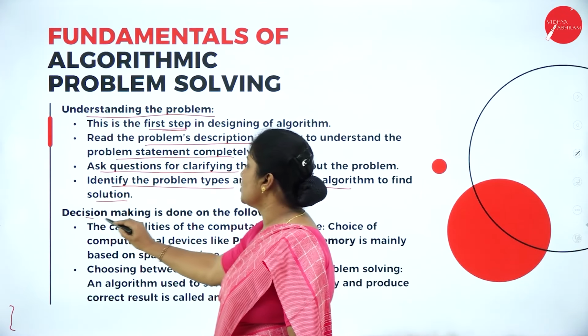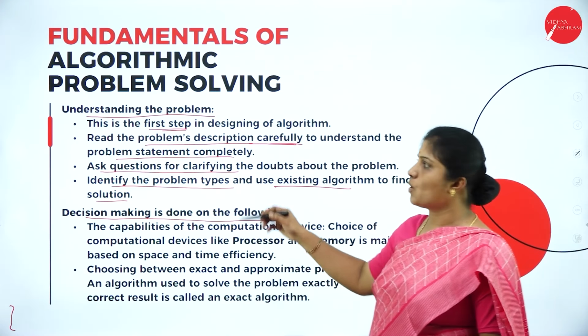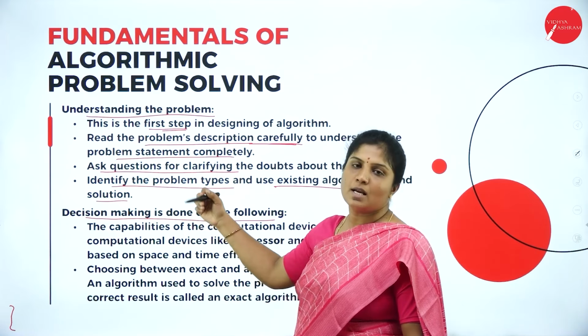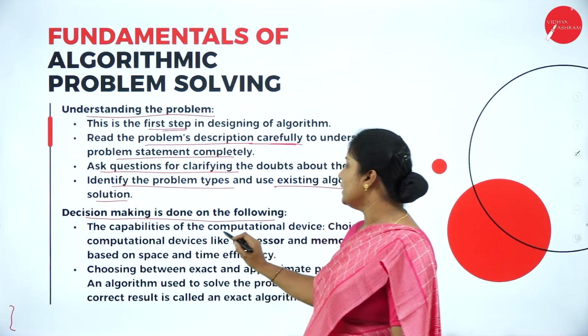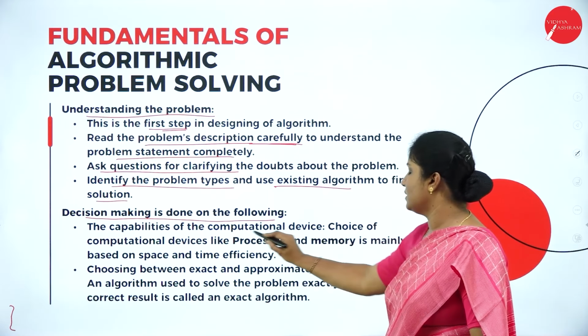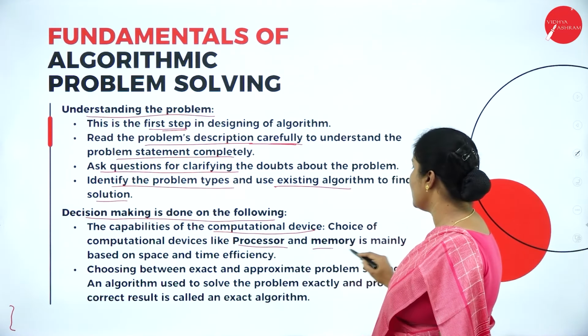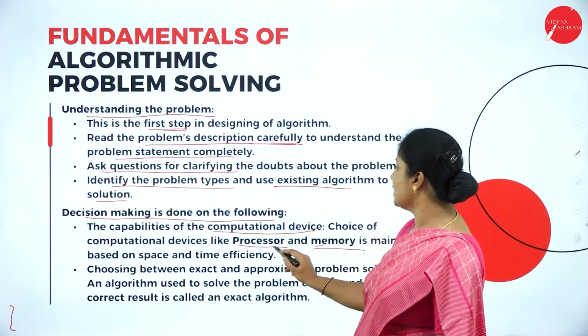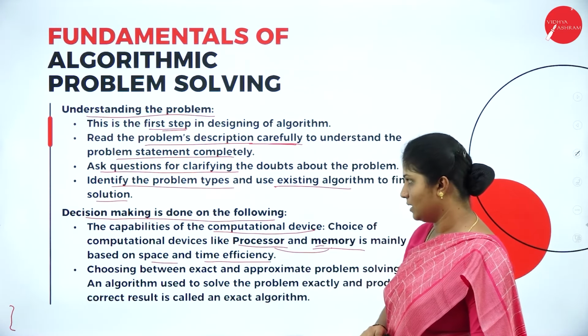Next, decision making is done on the following. After understanding the problem, the next step is decision making. The capabilities of the computational device: as I said, computational device means a processor and memory. These two are mainly based on space and time efficiency.